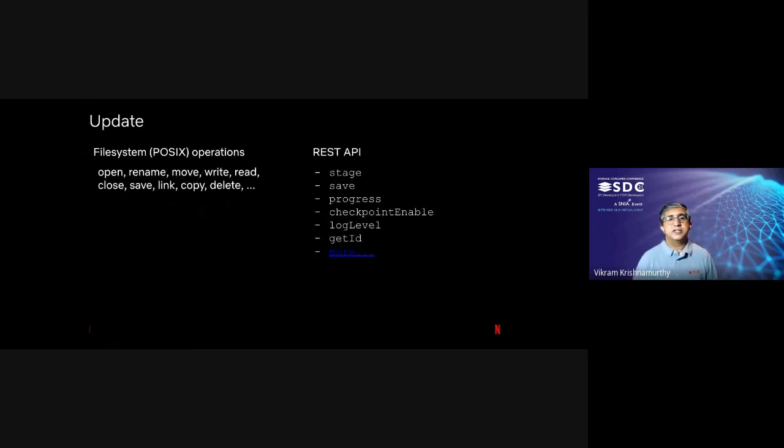And the modifications, of course, can happen through POSIX operations, with users or applications opening files, reading, writing to them, changing the attributes implicitly or explicitly. And also through APIs, which are downloading files, uploading them, and changing these attributes through those actions as well.